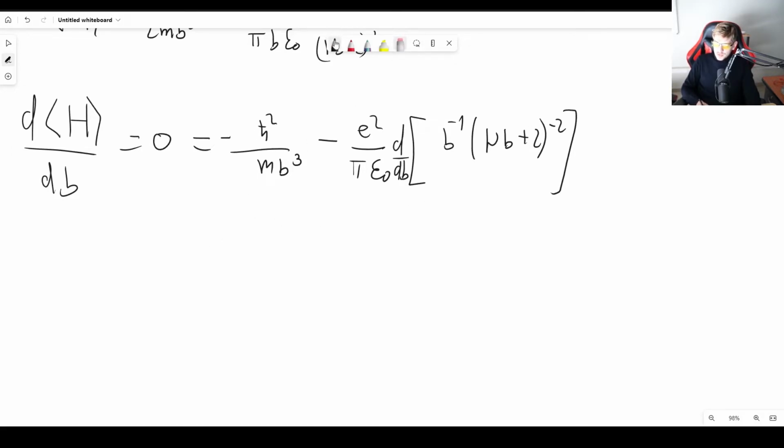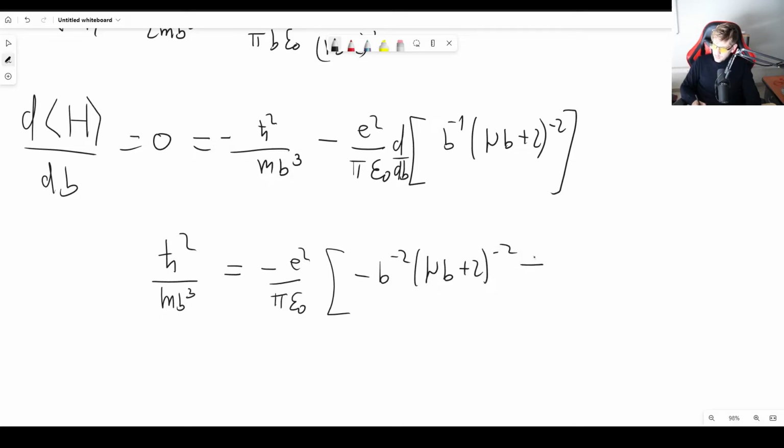Now I'm going to use the opportunity and write this to the left hand side. So we get h bar squared over mb cubed, and this is now equal to this thing. So minus e squared over pi epsilon 0, and the derivative. So the derivative of the first part, b to the minus 1, we simply get minus b to the minus 2 times everything else.